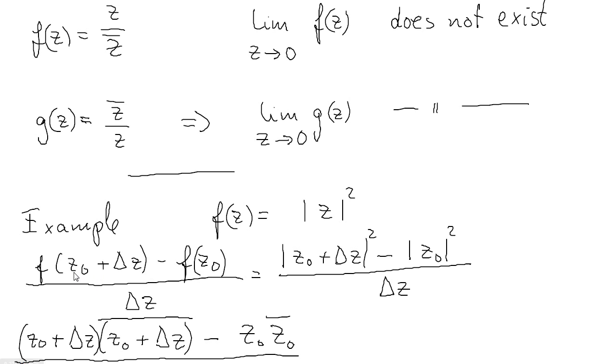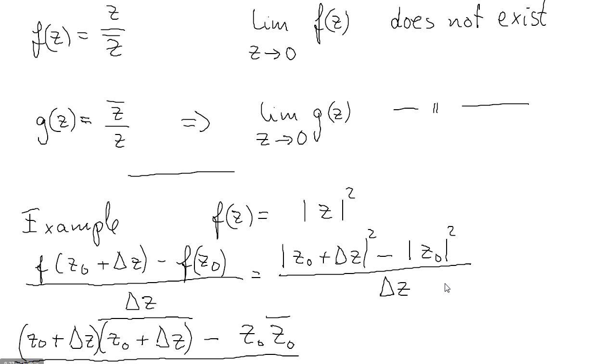So f(z plus delta z), what is that? Well, we replace z by this and get this. And we should take minus f(z0), which is the absolute value of z0 squared. Delta z, we don't change it.